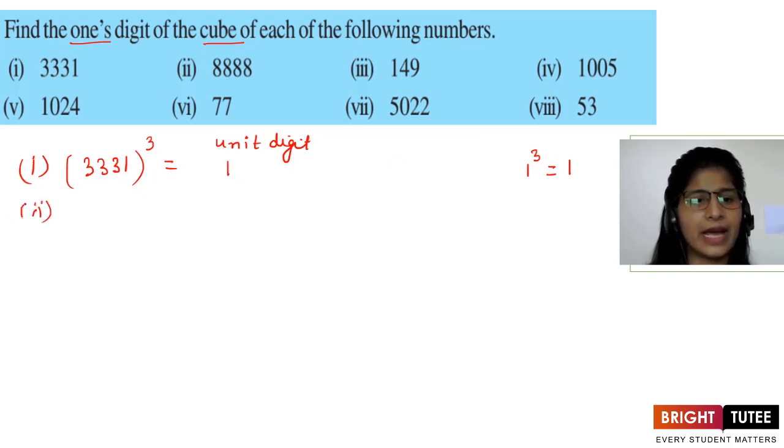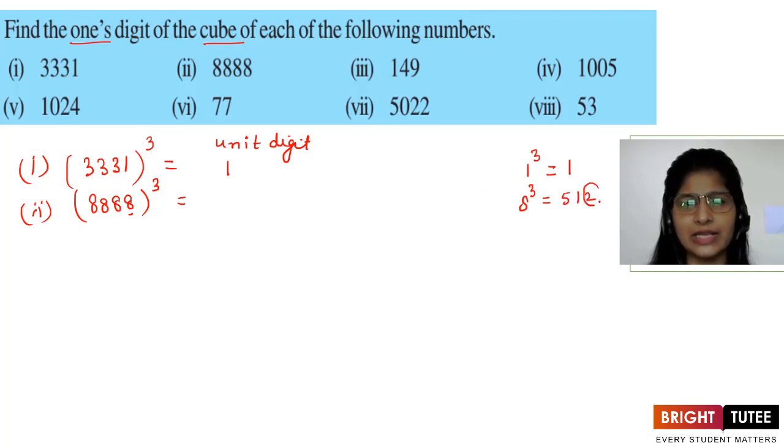Second part, we have 8,888. If we do the cube of it, you have to do the cube of 8, the last digit, the units place. 8 cube is 512. So the last digit is what? 2. So in the cube of this number, we have unit digit as 2.